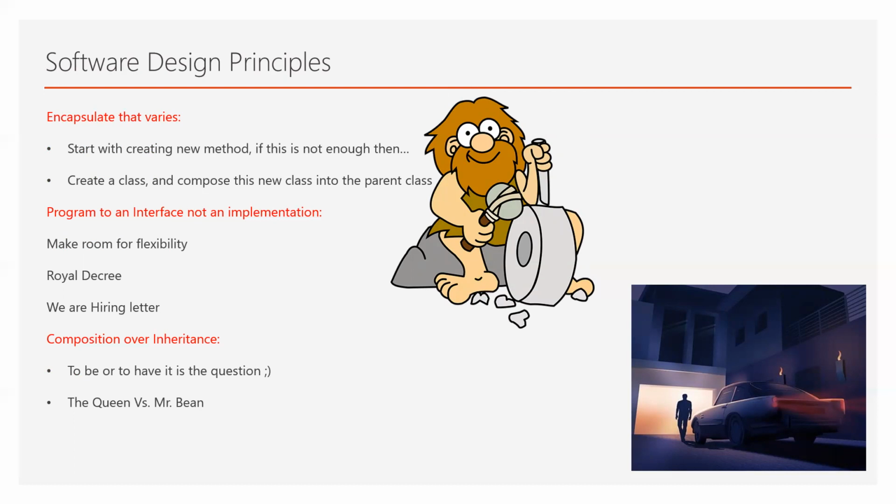And the second one is, instead of having a direct work on a specific class, try to work on an interface rather than an implementation. So this is a very flexible way to program, and I have a few examples here. Let's say we are living in ancient times, and there was this kingdom where there was this royal decree asking the male citizens, and back then women were not allowed to go to war, but there was this royal decree asking men to go to war.